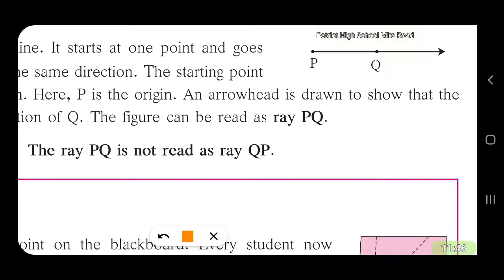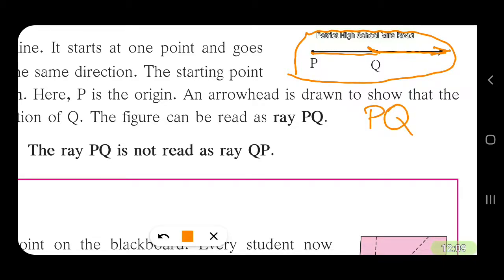This is ray PQ. It has the source P, and from the source it is moving in the direction of Q and it goes further up to infinity. So ray will always be read as PQ.